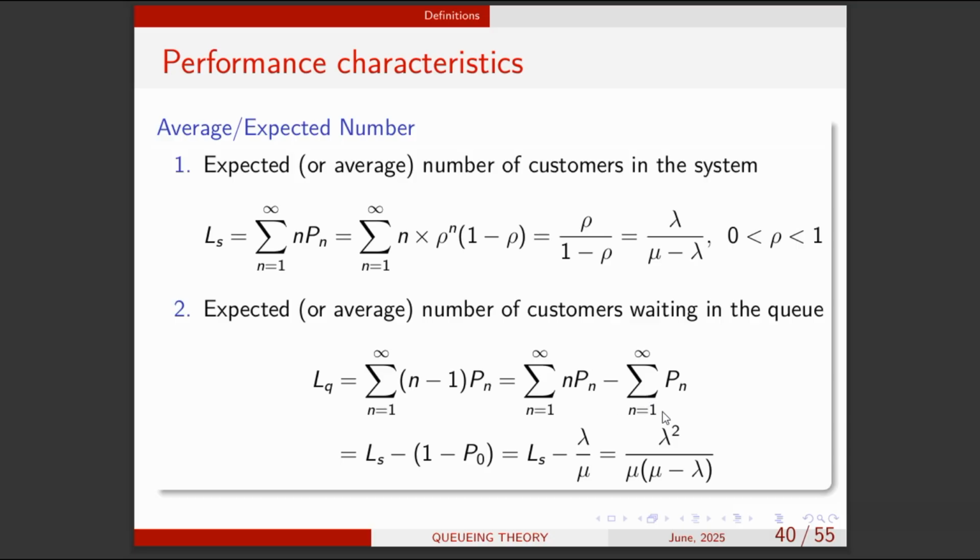P naught is the probability of having no customer in the system. So 1 minus p naught will give us lambda over mu. We know Ls already, so we substitute and we get this answer as our Lq.